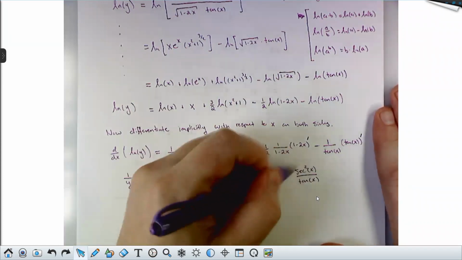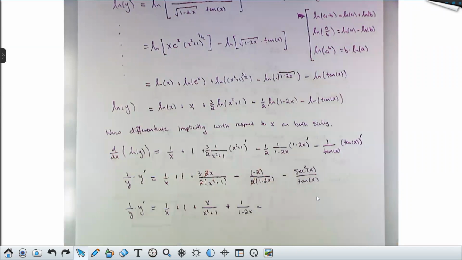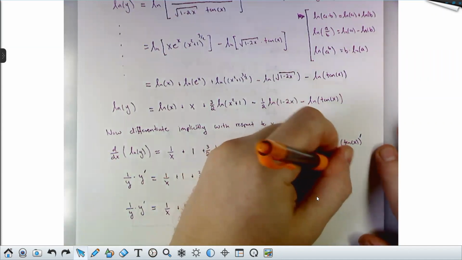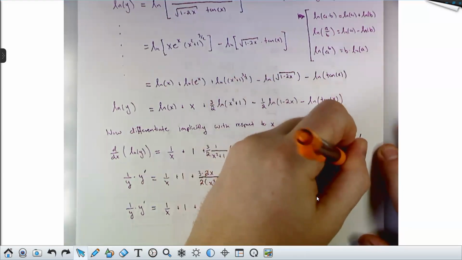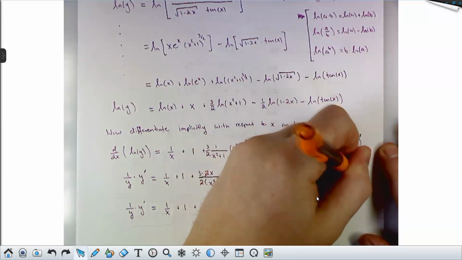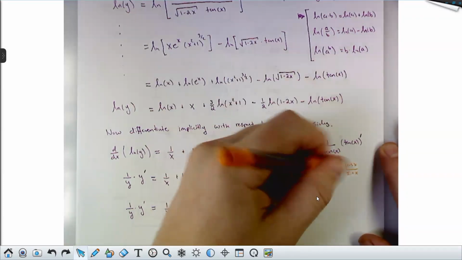Minus, what did we say this is? Secant squared is 1 over cos squared. And we're multiplying by cosine over sine. So one of the cosines will cancel. Let me write this out. This is 1 over cos squared x times cos x over sine x. You can cancel one of the cosines.